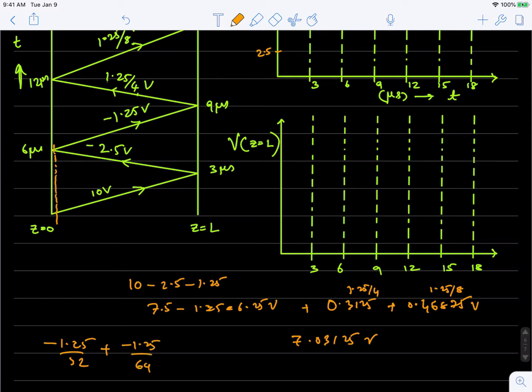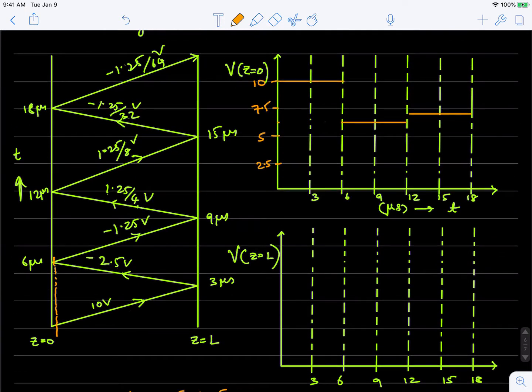Which means 1.25 into 2 plus 1.25 divided by 64, and this is minus, from 7.03125. So that is going to give you about 6.97 volts.